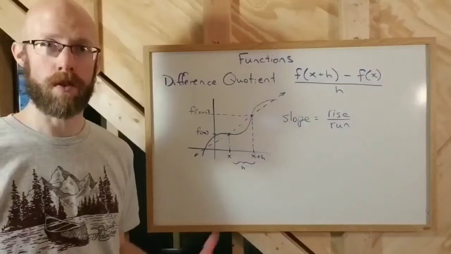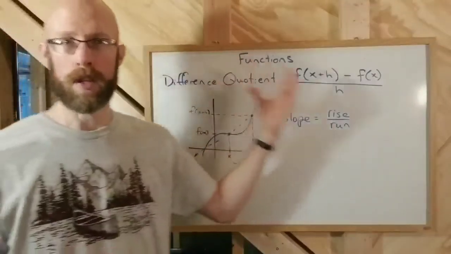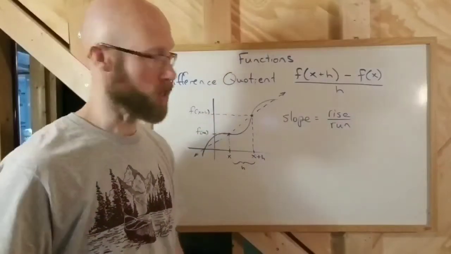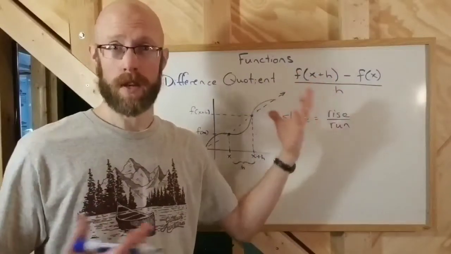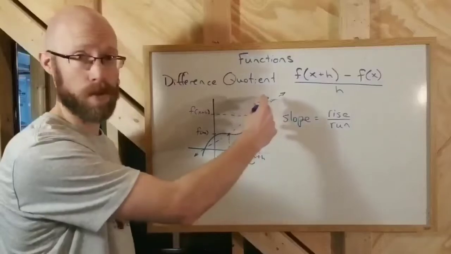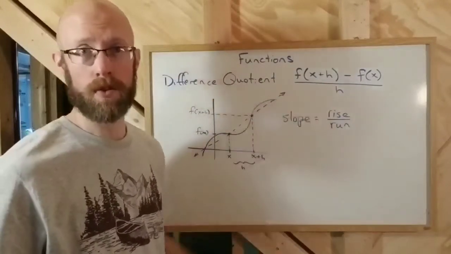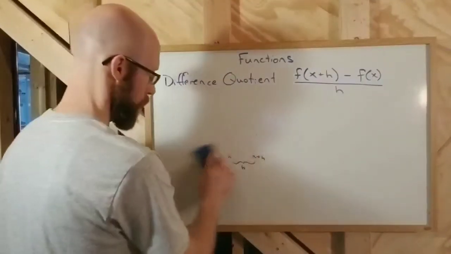And that's how this formula is derived and what it means. Now, you don't really need to know that, it's just kind of interesting information. What you need to know is how to calculate this if you're given a function. If I give you the equation for this curve, how could you calculate this difference quotient? That's what we're going to practice.